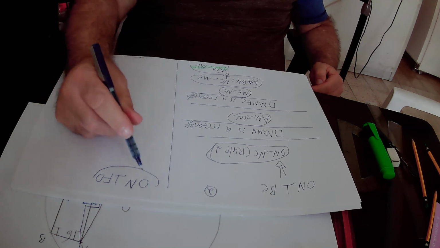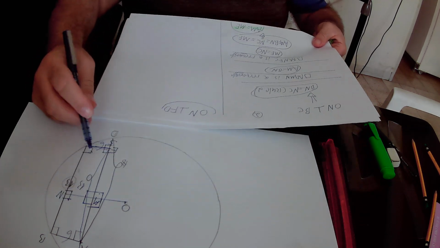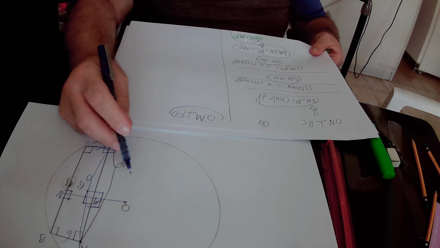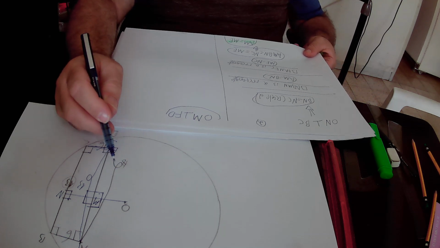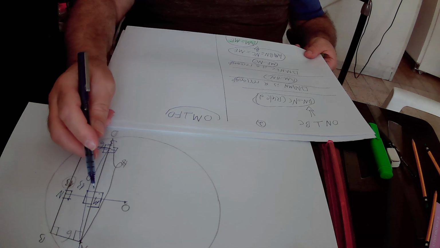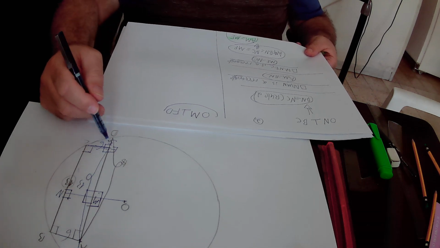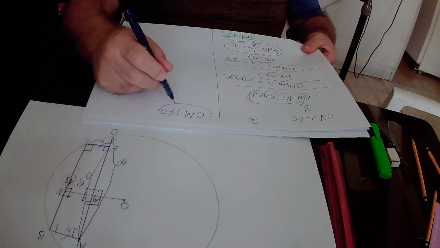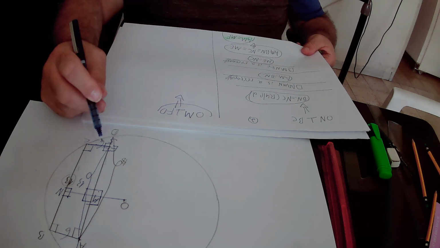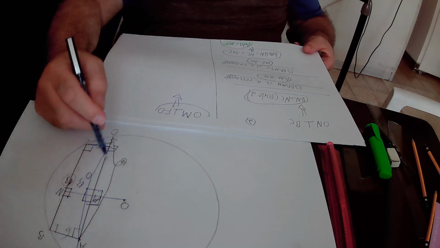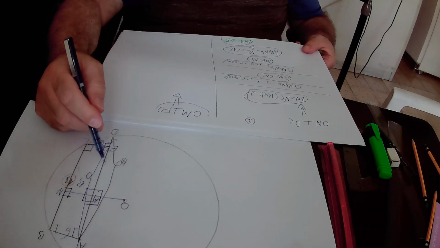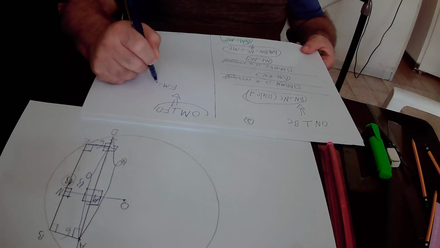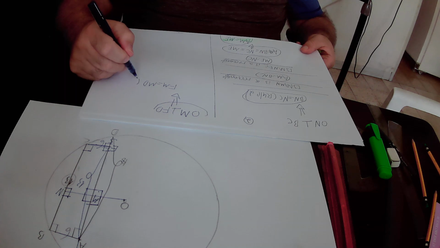According to rule number 2, line segment OM from the center of the circle is perpendicular to chord FD. It is not only perpendicular to chord FD, but it also bisects chord FD. That is to say, if OM bisects chord FD, it means that FM equals MD, according to rule number 2.